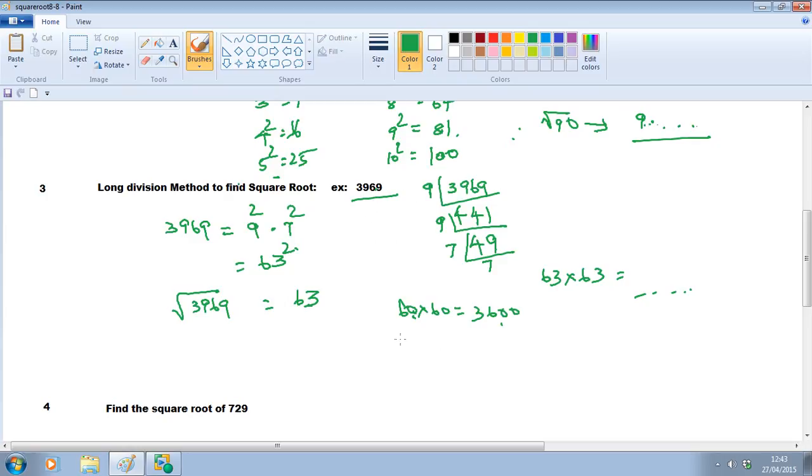So you try with 65. 65 multiplied by 65 is 4,225. So it is somewhere in between that. You should get 3969 just above that. Now you try with 62. Like that. This is trial and error method.